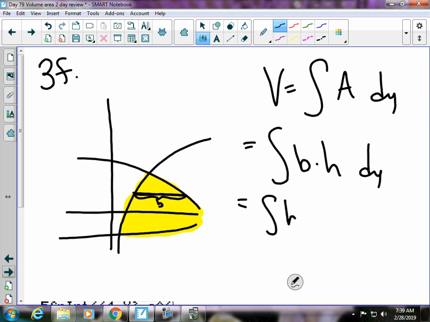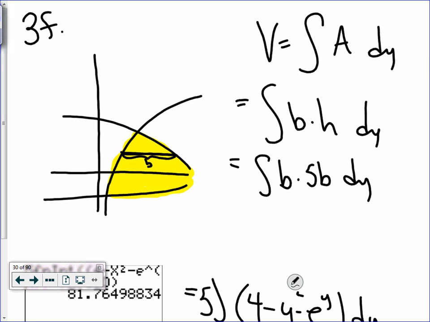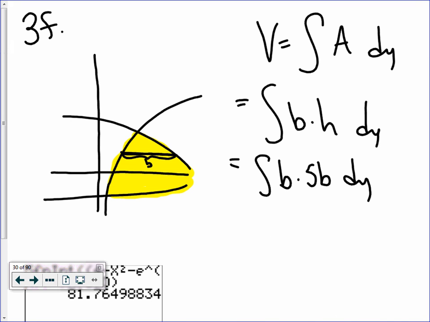The height, they told us, is 5 times the base, so I'm making that substitution. Okay, so this is just 5 we can pull out front, and we've got b squared dy.